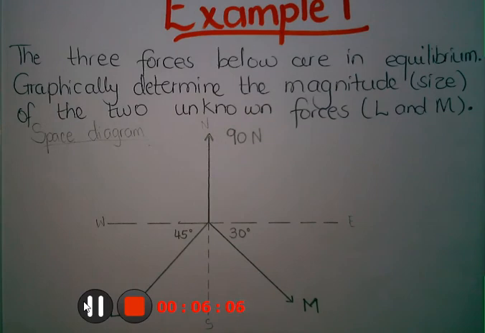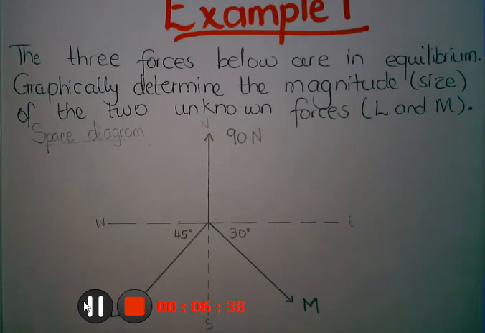Now, Bow's notation says, if you read further, you'll find a paragraph that says you letter your open spaces, and you can move either clockwise or anti-clockwise. But how do you do this? You start at the open space after the last unknown force and before the first known force.